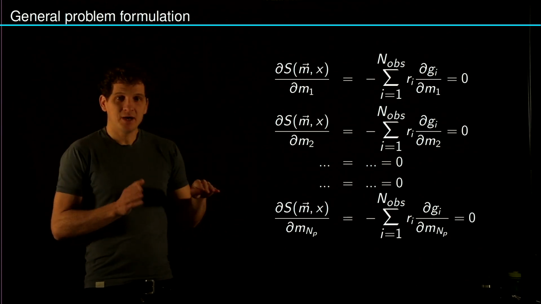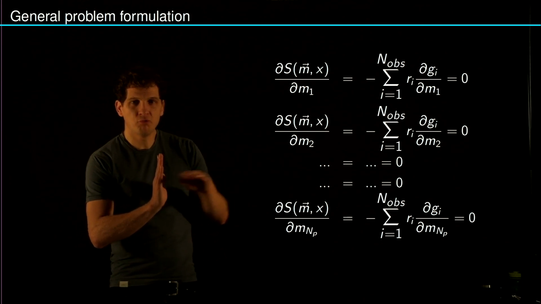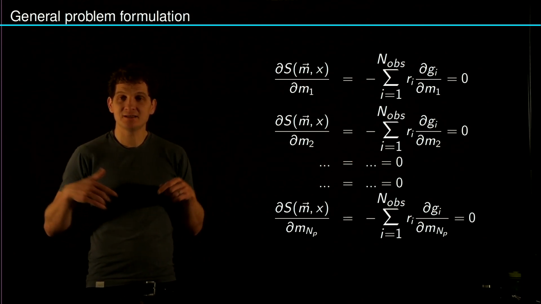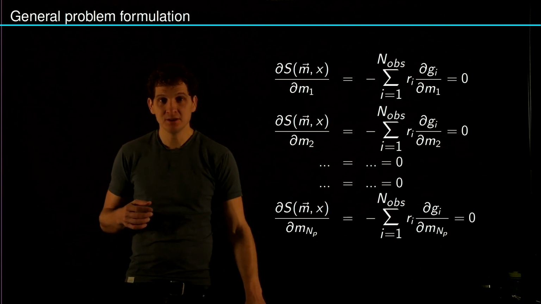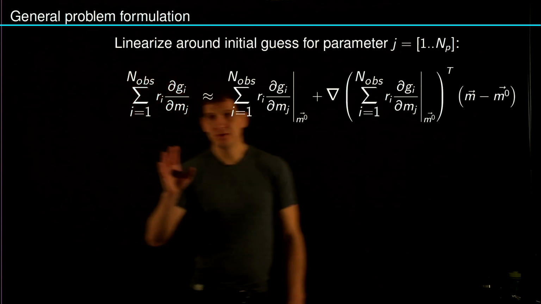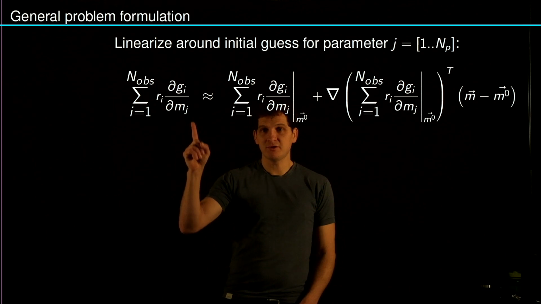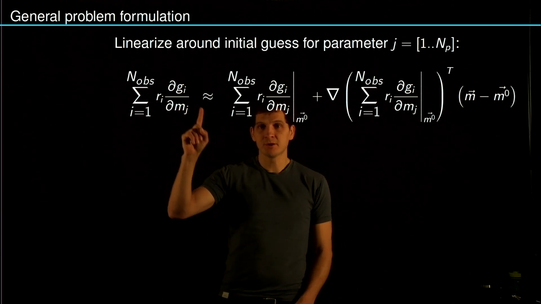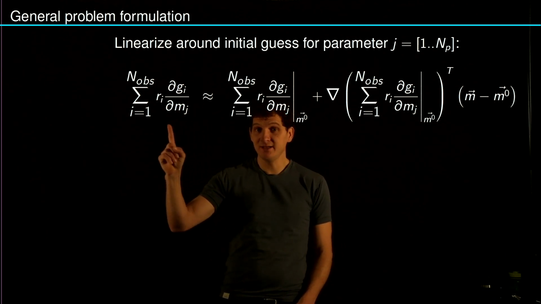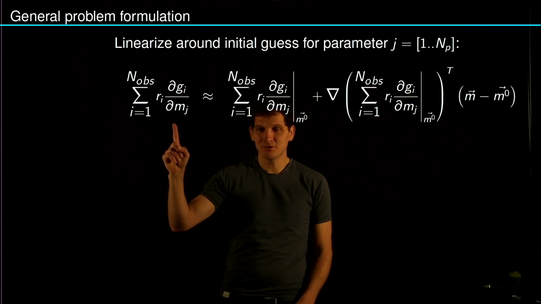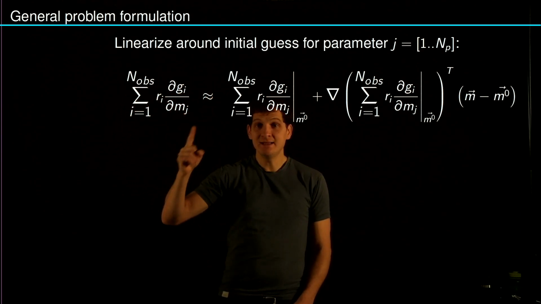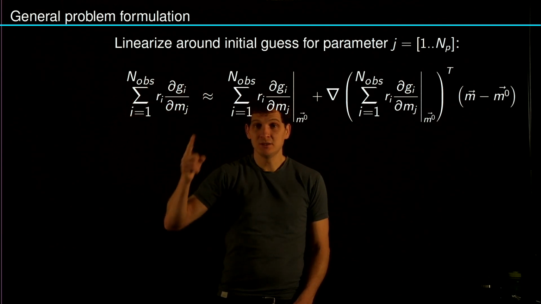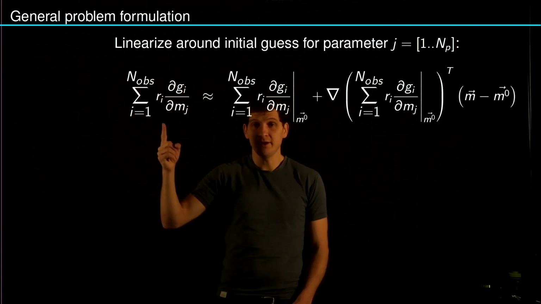Okay, so I'll show you how to do this for one of those equations, and I take the jth one. Okay, so equation J will be the derivative of our forward model with respect to the jth model parameter, okay? And now I apply a linear approximation, but in a multidimensional way.